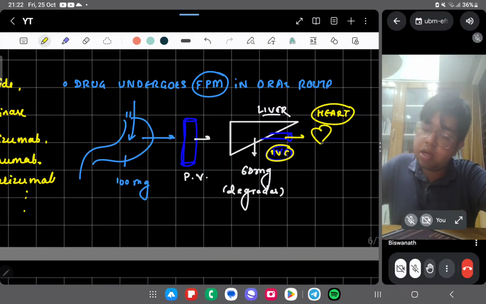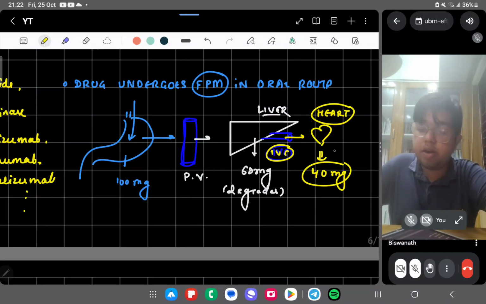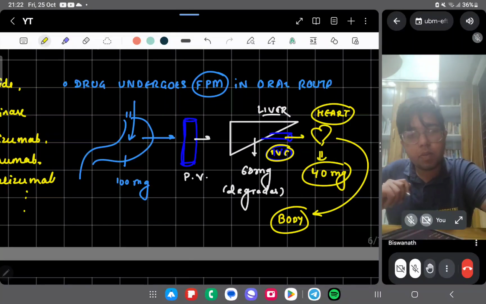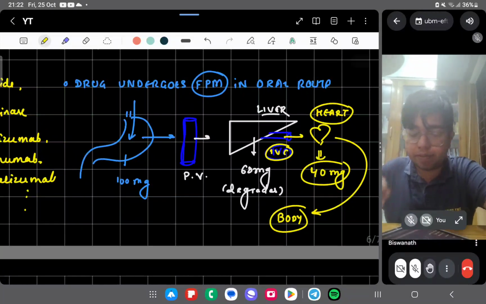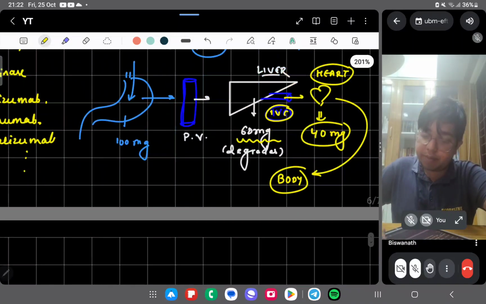So, what is the concentration that is achieved in the heart? How much concentration of drug is there in the blood? And this 40 milligram drug goes to the body. Understood? So this is called the first pass metabolism. This degradation of the drug by liver is called the first pass metabolism.